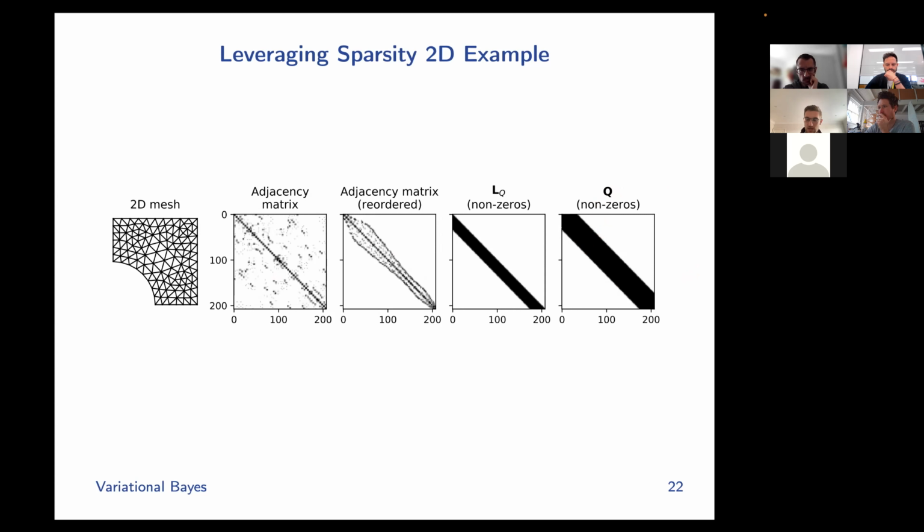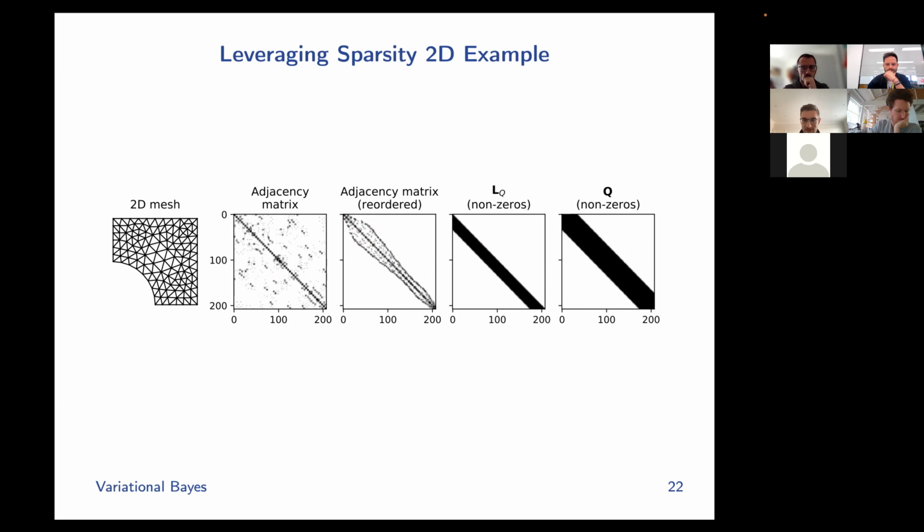We have the adjacency matrix here, which has some bandwidth, I don't know the number, but basically we can create the non-zeros, which is this one, and then we fill in the bandwidth that we obtained from this adjacency matrix, and this gives us the Cholesky factor.